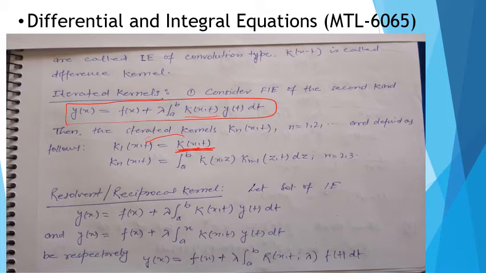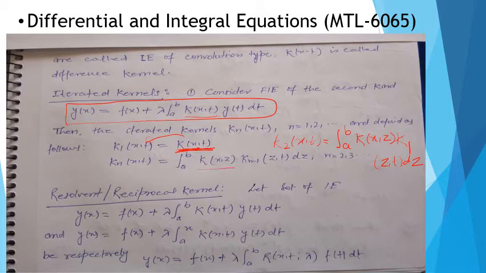Then what is K2(x,t)? K2(x,t) can be written as the integral a to b of K(x,z) K1(z,t) dz. Remember, in K(x,t) replace t by z, and in K1(x,t) replace x by z.